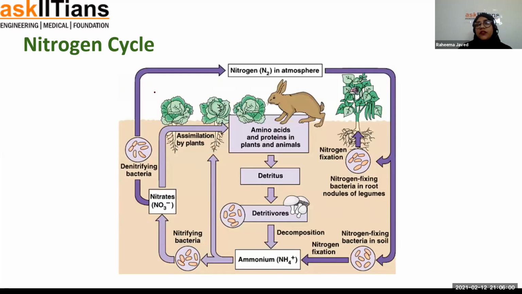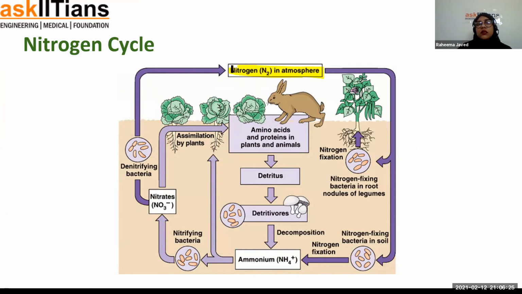Nitrogen cycle, you can see here in the picture. We are going to start with the presence of nitrogen in the atmosphere. Nitrogen is present in the atmosphere in molecular form, that is N2.